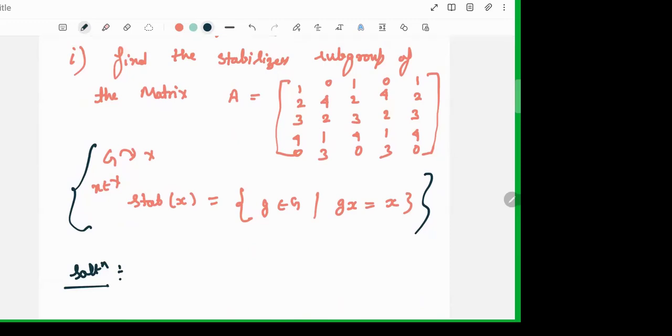So now the first row should be fixed. So the elements of the first column should be fixed. The first column, third column and fifth column are the same, as you are observing from this matrix, right? So what can you conclude? What are the possible choices of permutation? You should think now.